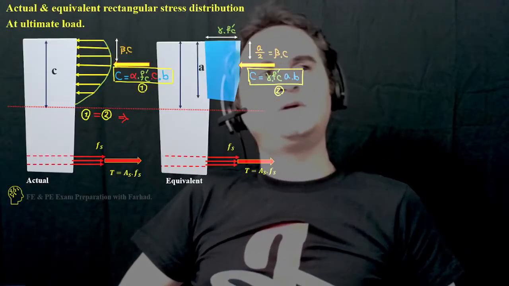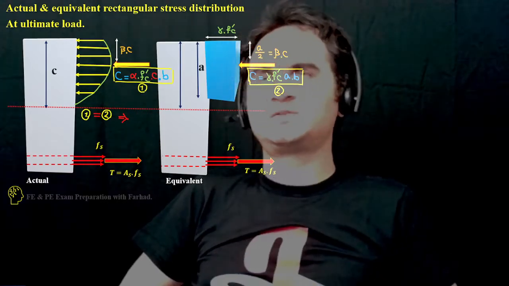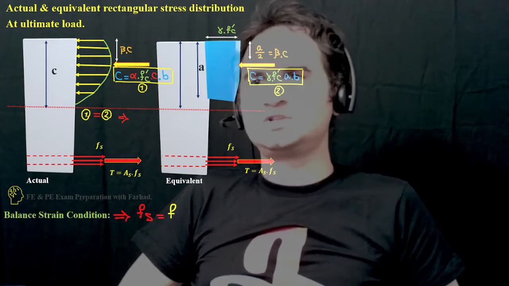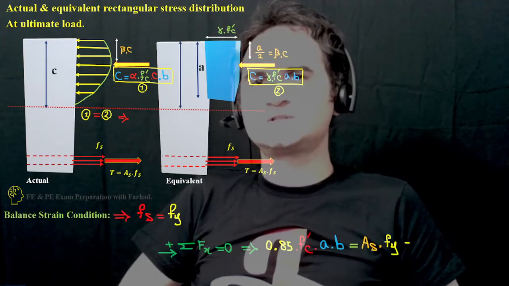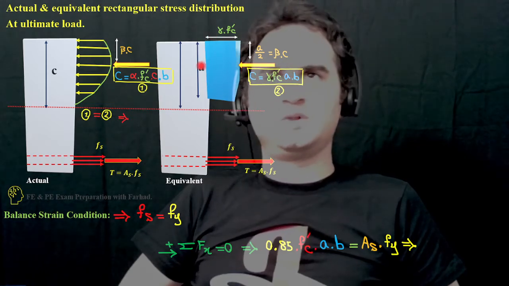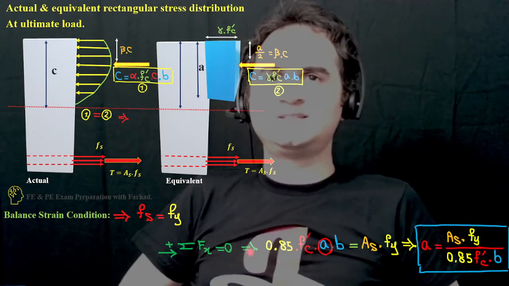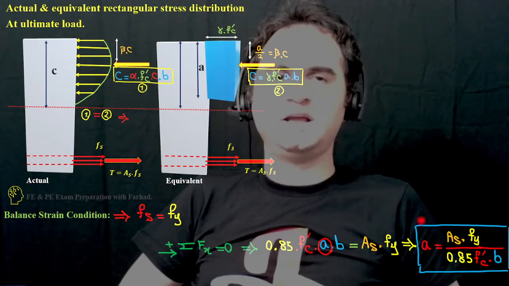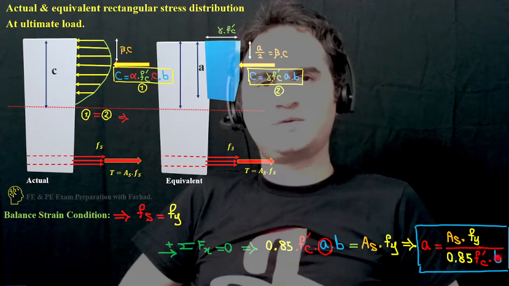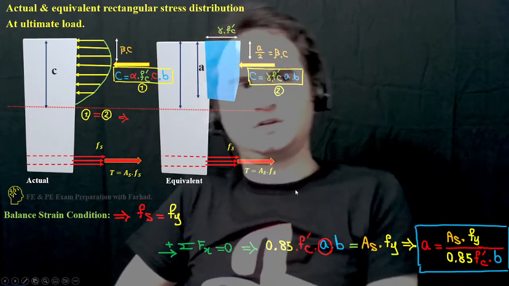Remember the Whitney equivalent stress distribution: in balance condition, the summation of forces in the x direction gives us the depth of the Whitney block, a, which is equal to As times fy over 0.85 f'c times b, the other dimension of the cross section.